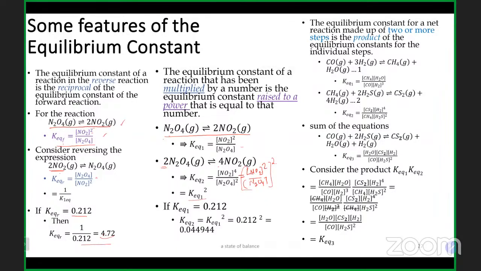The equilibrium constant for a net reaction made up of two or more steps is the product of the equilibrium constants for the individual steps. So consider you have this reaction, CO plus H2 to form CH4 plus H2O.